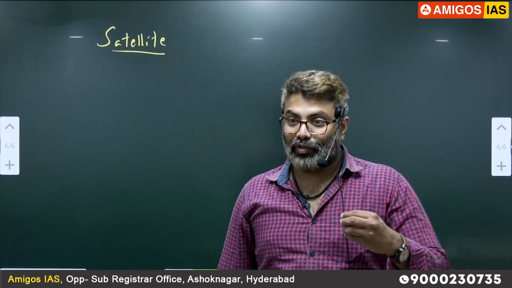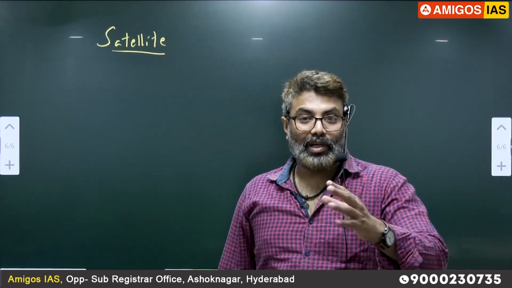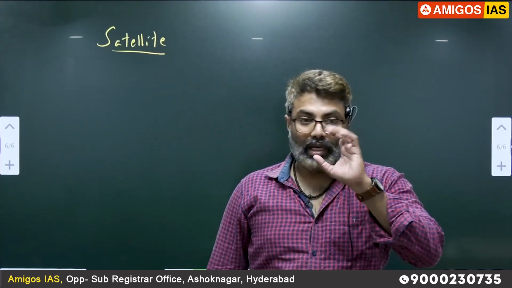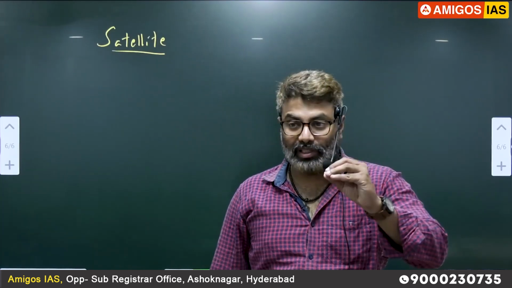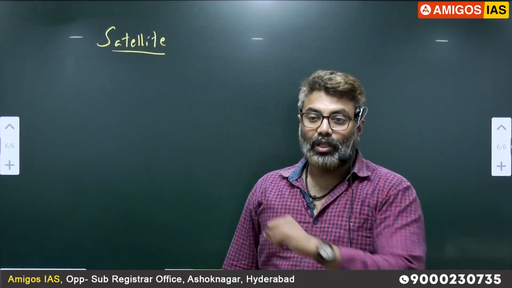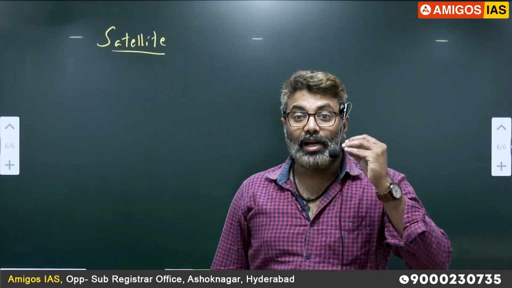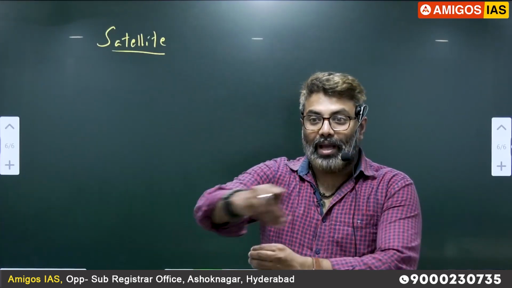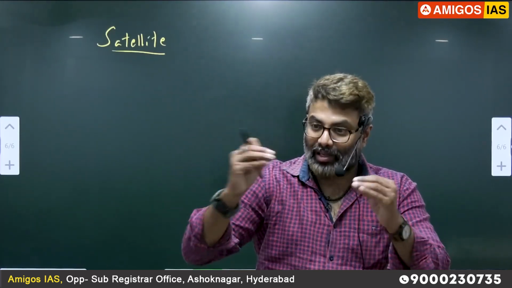So in our solar system, if you notice, except Mercury and Venus, all the other planets have satellites. Mercury and Venus don't have any satellite. Rest of the planets have their own satellite. So what are satellites? Satellites are basically personal assistants. It's like a PA, always going around you, something like that.